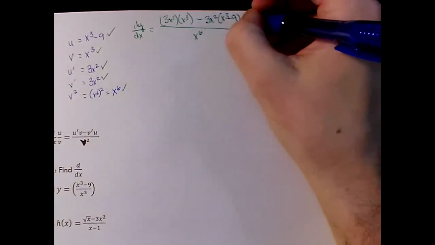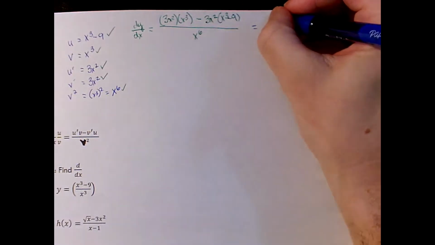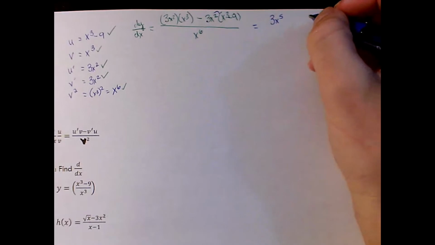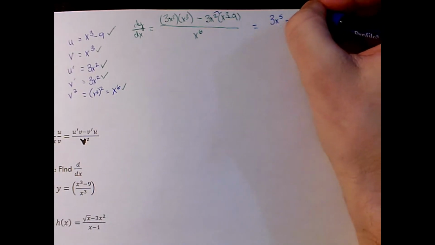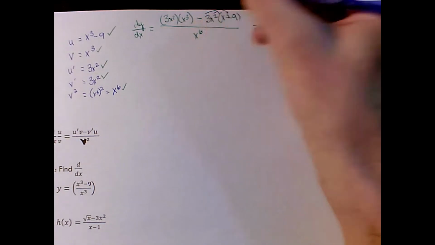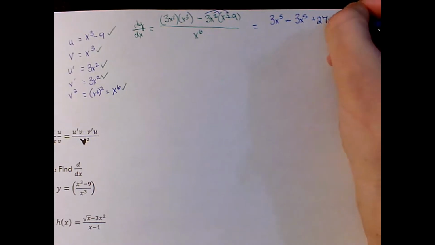Make sure you can see it all. So that first term here multiplies out to be 3x to the 5th. Add the exponents. Distribute minus 3x to the 5th plus 27x squared.